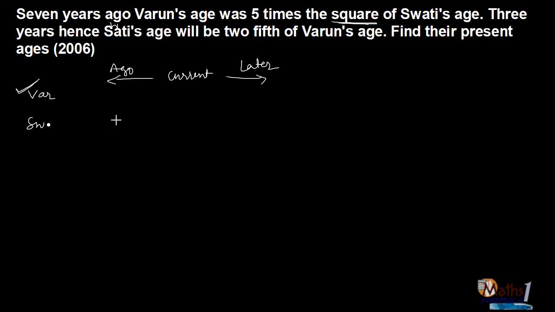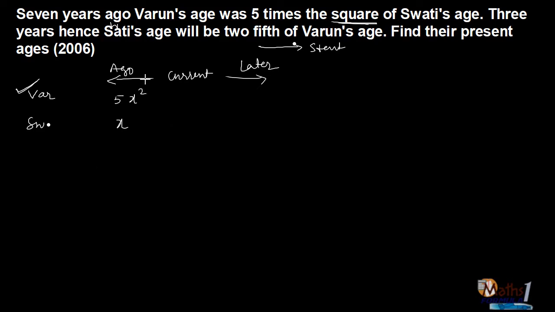So I'm going to take Swati's age as x years. Somewhere here in the exam, you need to write those statements that x years is taken for whose age. Here Swati's age is x years. 7 years ago, Varun's was 5 times the square of Swati's age. Makes sense? Now at least I don't have two variables. The condition starts from there, not from the current age.